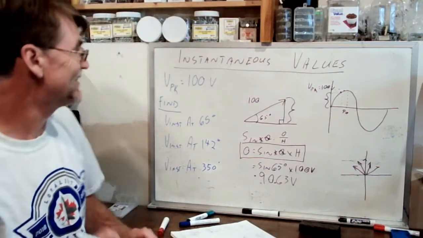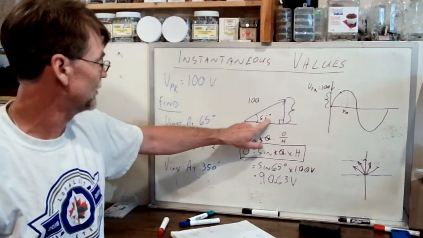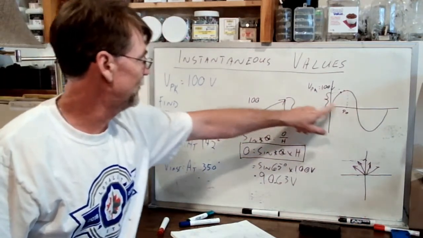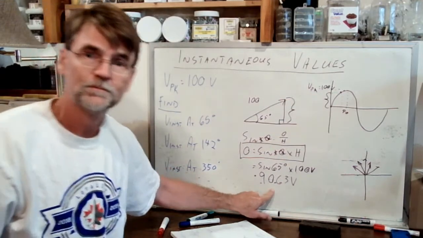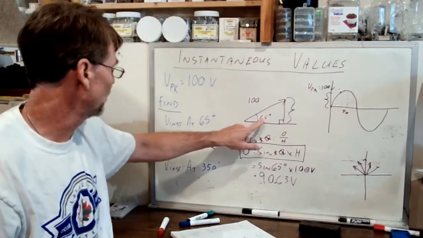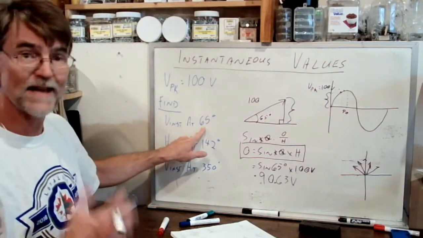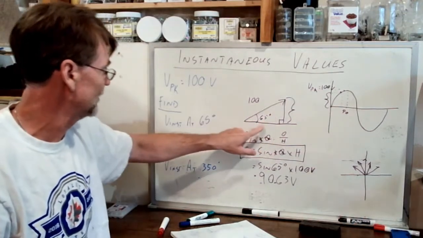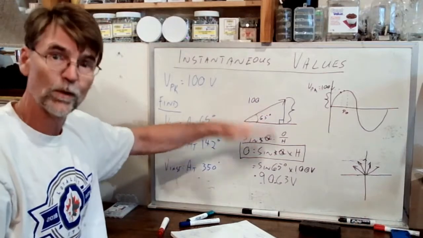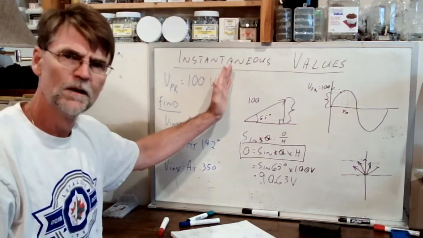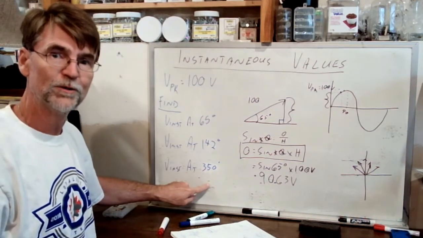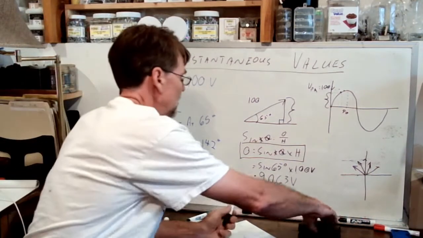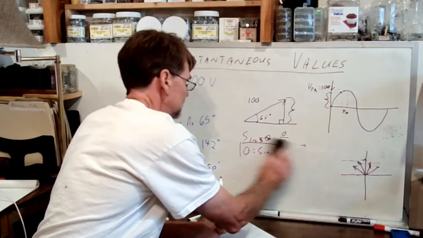That's the instantaneous voltage at 65 degrees with a waveform that has a peak of 100 volts. Fairly straightforward when the angle is less than 90 degrees, because in a right angle triangle the angle is somewhere between 0 and 90. It gets a little weird once our angles start to build beyond that. So let's figure out how this is going to work for us.